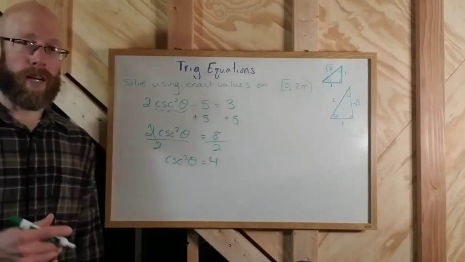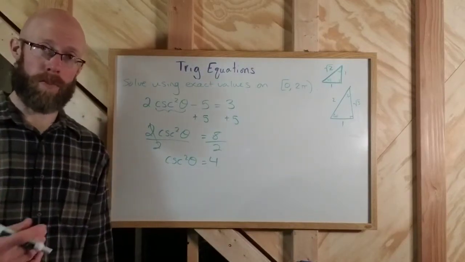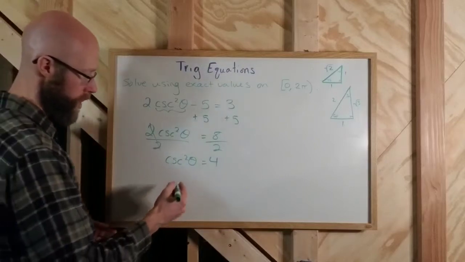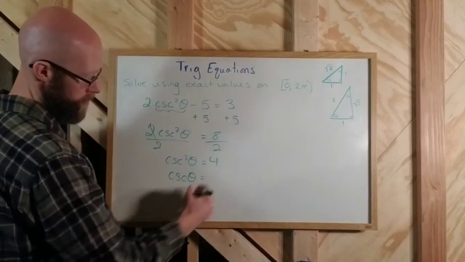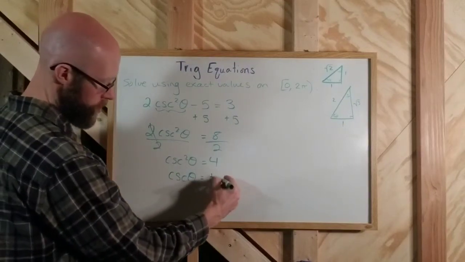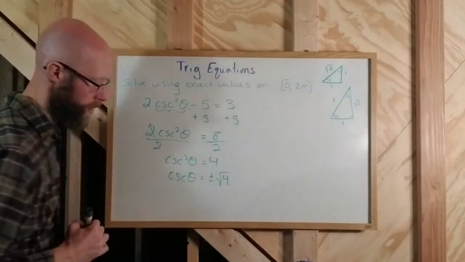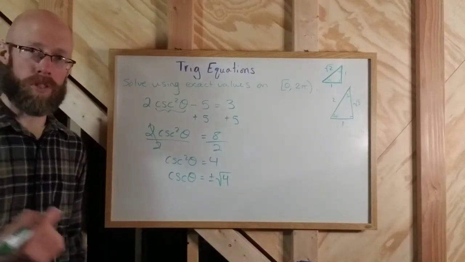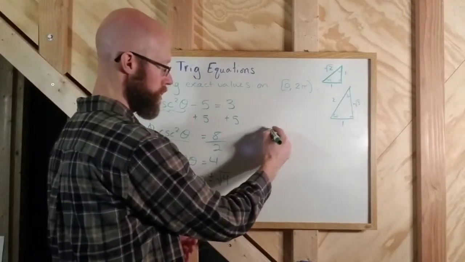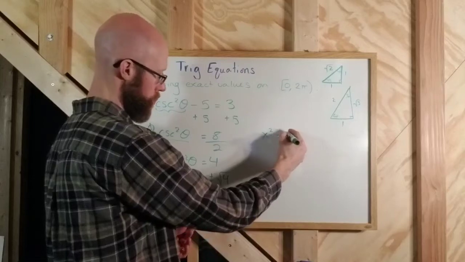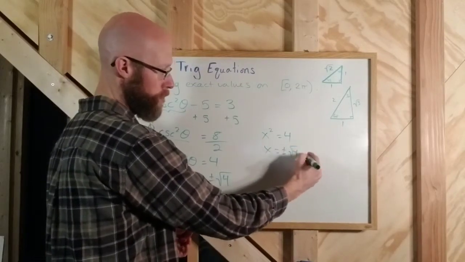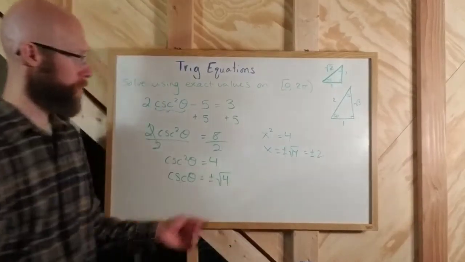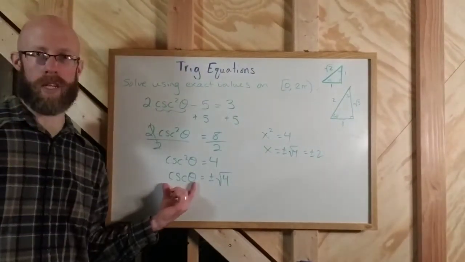So we're going to utilize the square root property we talked about before, which is where you take the stuff being squared and set it equal to the positive or negative square root of the other side, right? So we saw this before. If this were x squared equals 4, then x is plus or minus the square root of 4, which is plus or minus 2. Well, here instead of x, we're looking at cosecant theta.